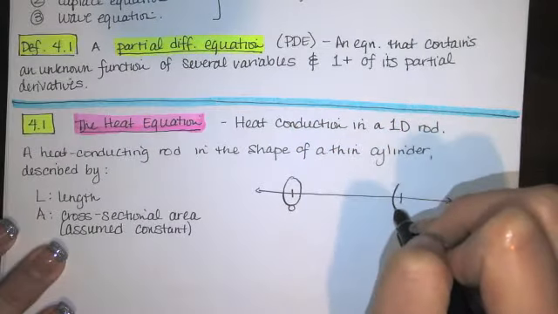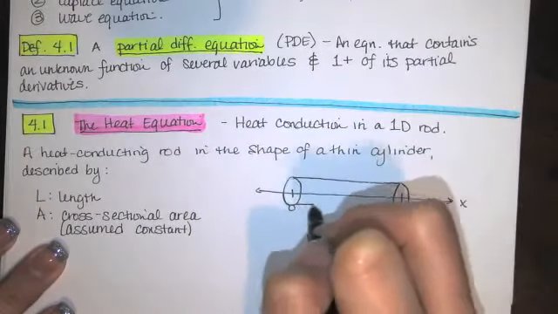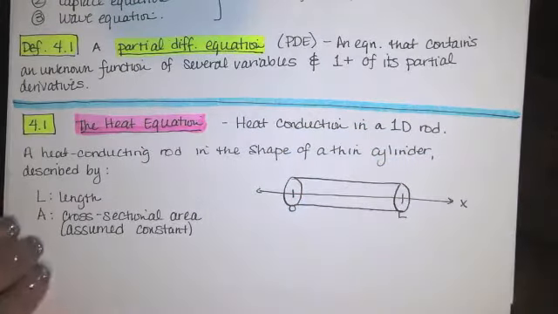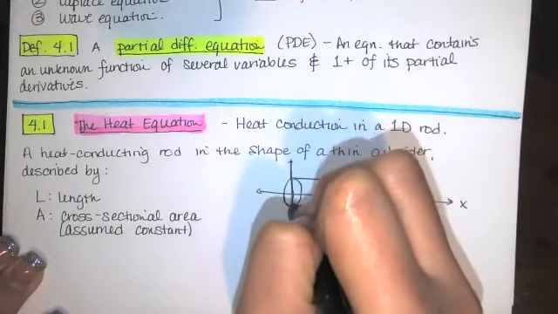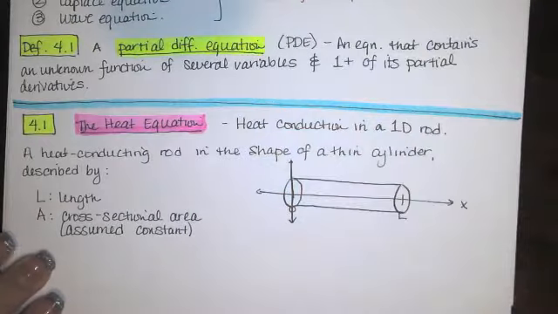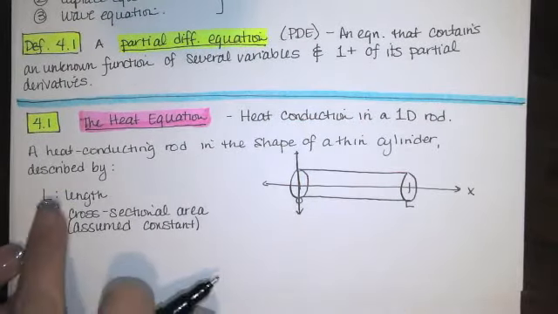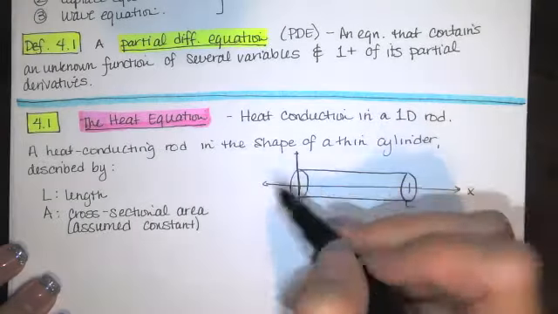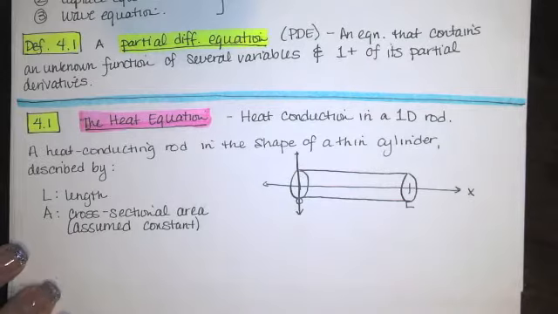And so it might look something like this. And I'll put a y-axis here, but it's really not important. We're just focused on this one dimension. The length of the rod is L. This cross-sectional area right here, that's A, and that's just a constant.